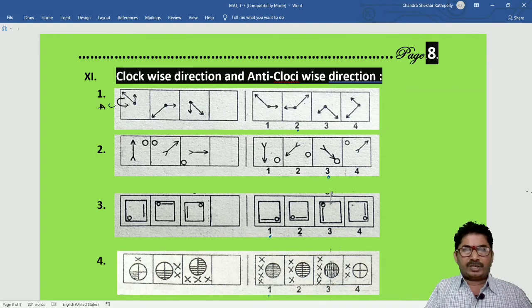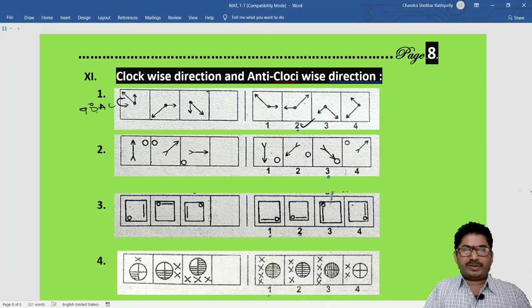How much angle? 90 degrees anti-clockwise. So here it came, next here it will come, next here will come. So an option like this one only. No need of observing these two.